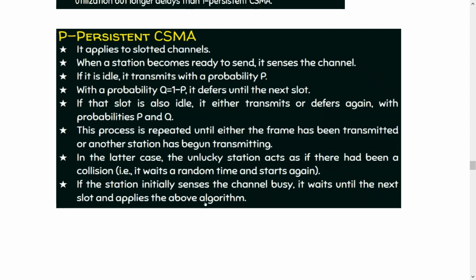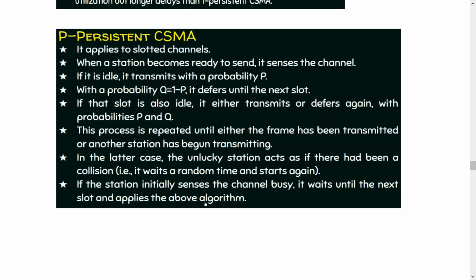So if another station has begun transmitting, what will happen? It stops transmitting. This probability mechanism is really useful to the node because it won't cost the node energy and resources and cause delay just because of sending one data that was exposed to collision.